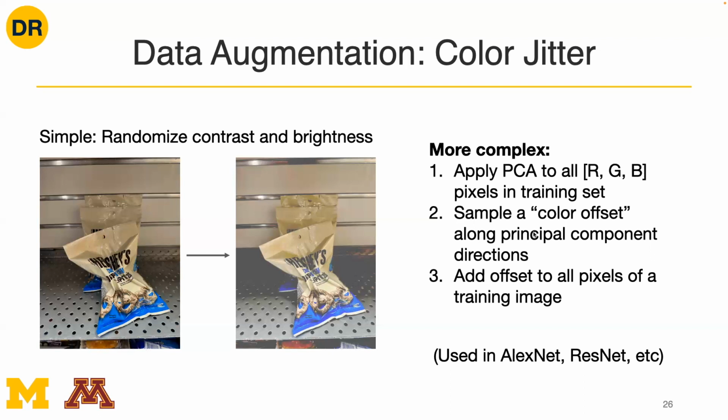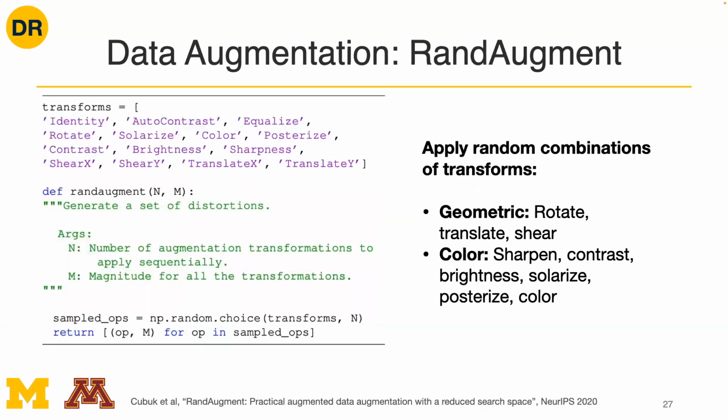So the distribution of color jitter you get is now based on the data set. You're hopefully changing the color statistics for a given training image according to the data distribution that you see. It can be a more informed way of applying color jitter. This form, for example, was used in AlexNet and ResNet and a number of other state-of-the-art architectures.